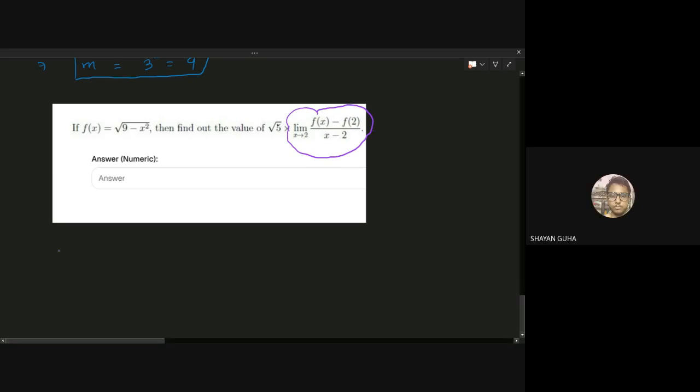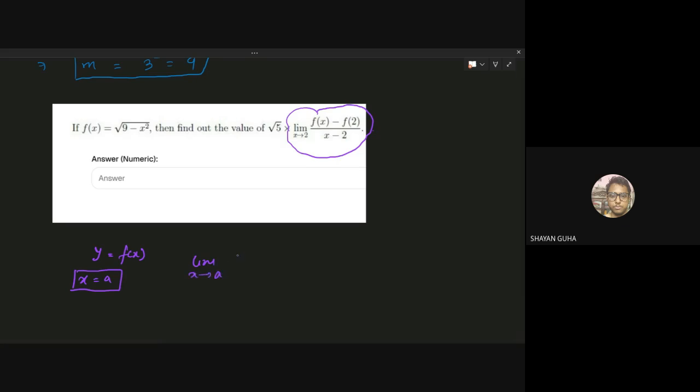When we say that a function is differentiable, if we have a function, let's say y equals f of x, we say that the function is differentiable at, let's say, any point x equal to a. If I have to check the differentiability at this point, basically we mean to check the limit x tends to a, f of x minus f of a divided by x minus a.